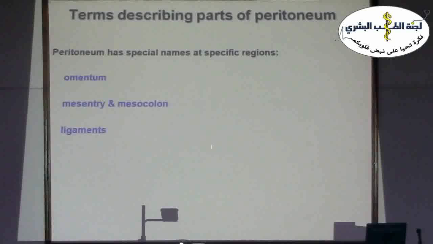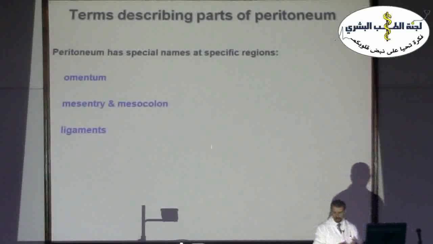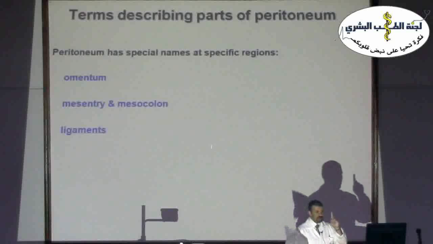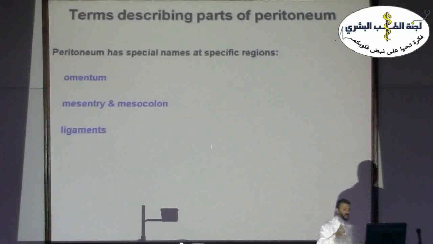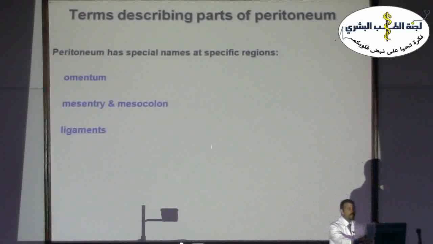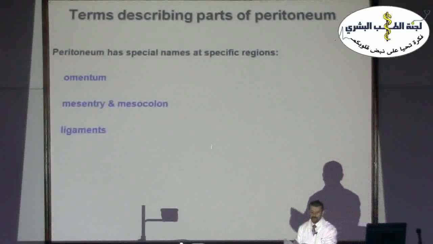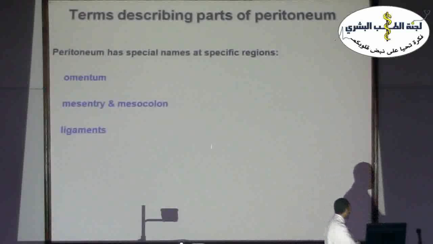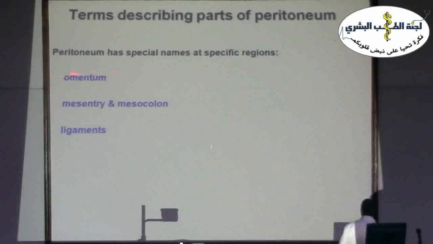We assign different names to different parts of peritoneum covering different organs, okay, so as to make it much easier to study. But it's the same sac, remember, the same thing, continuous. If it's covering around the stomach, we will refer to it as omentum, okay. So omentum is the peritoneum covering the stomach.